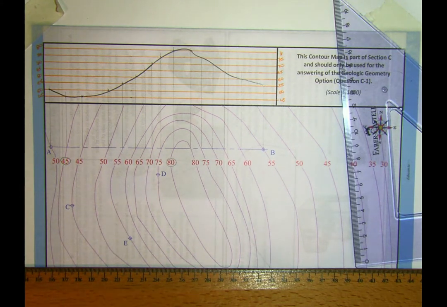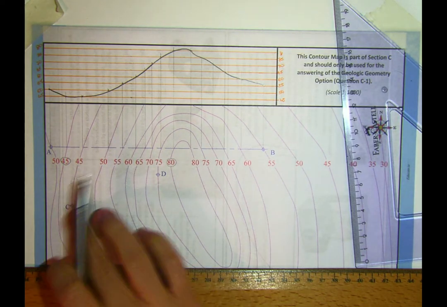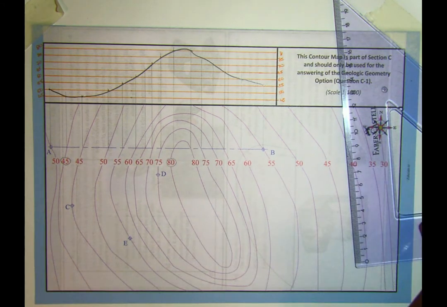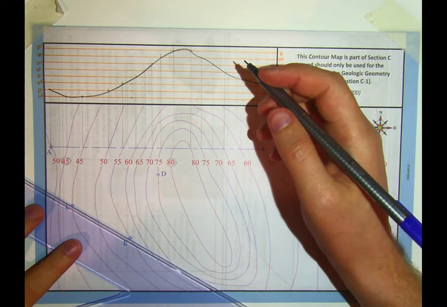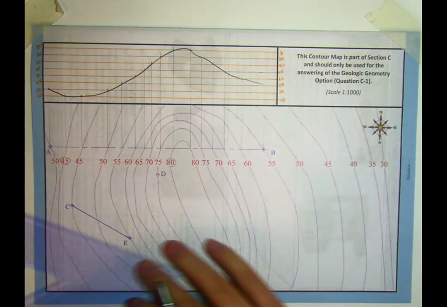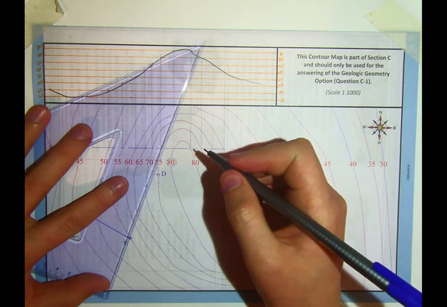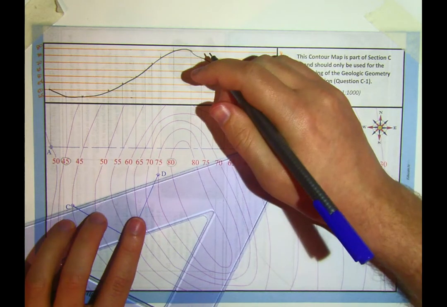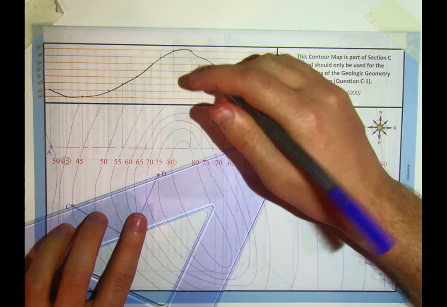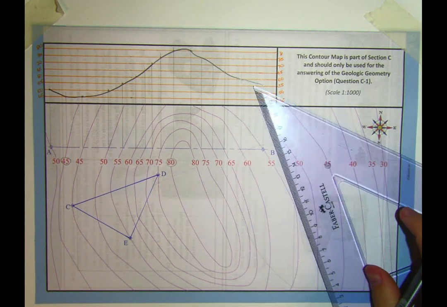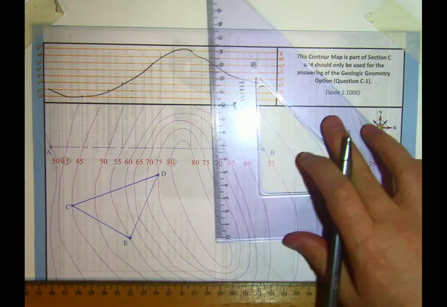The second part of this is to draw what they're saying. So points C, D and E, they're outcrop points. We're asked to draw the plan and elevation of the triangle CDE. So drawing the plan is straightforward, just drawing a line between the 3 points, C, D and E. What we need to do now is find the same triangle up in the elevation.